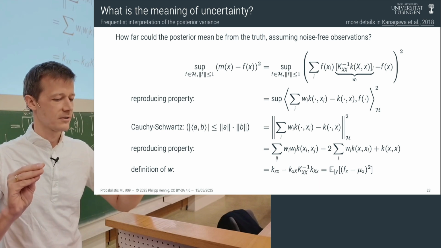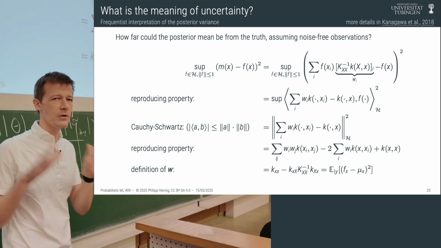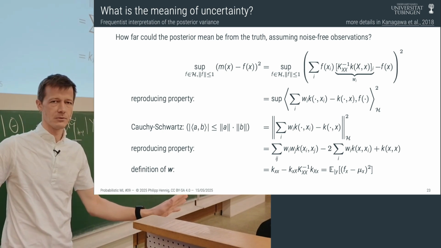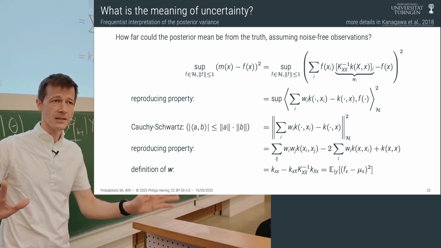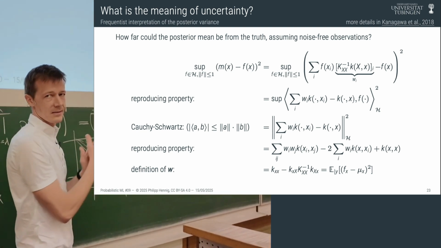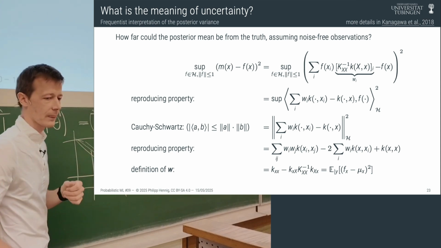And here is how it works. I'm going to give you a way to construct the object we call the posterior variance completely without talking about probability distributions. So if you don't like probabilities and if you think Bayesians are religious, then here's a functional analysis perspective on everything we've been doing in the past few weeks.